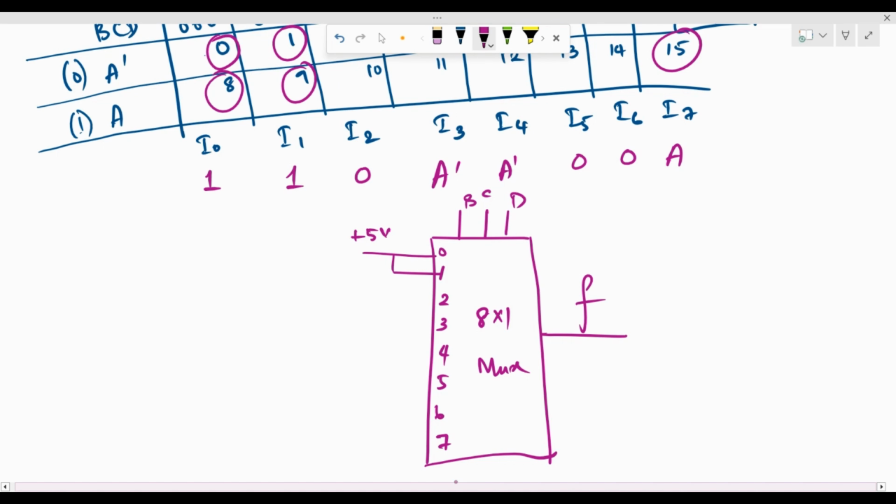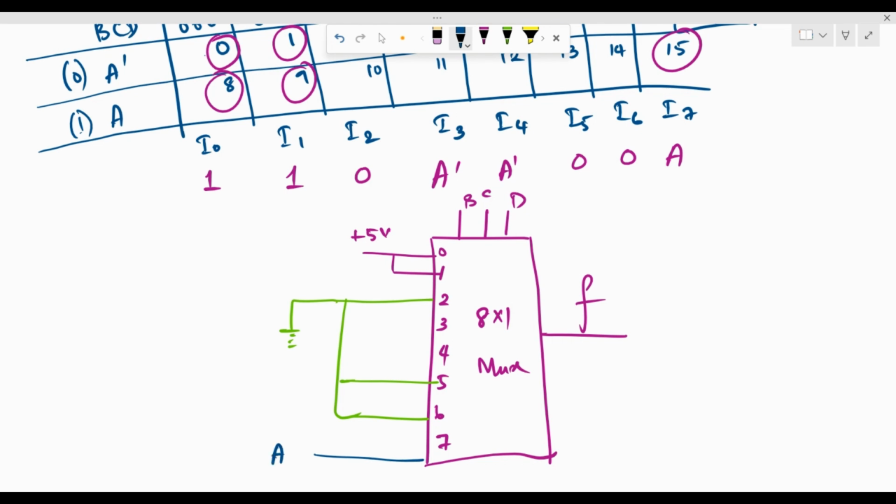I2, I5, and I6 are connected to ground because they are 0. I7 is A, so I'm going to write A over here, which is the fourth input.